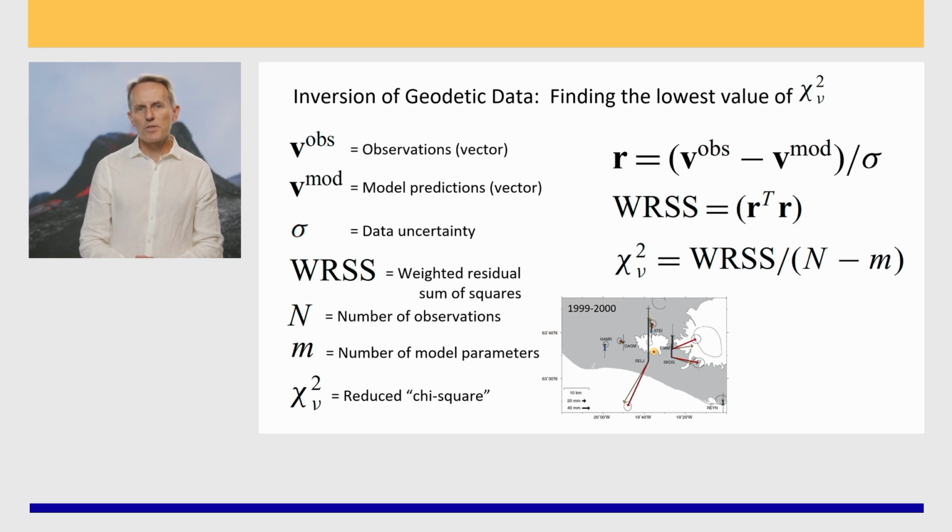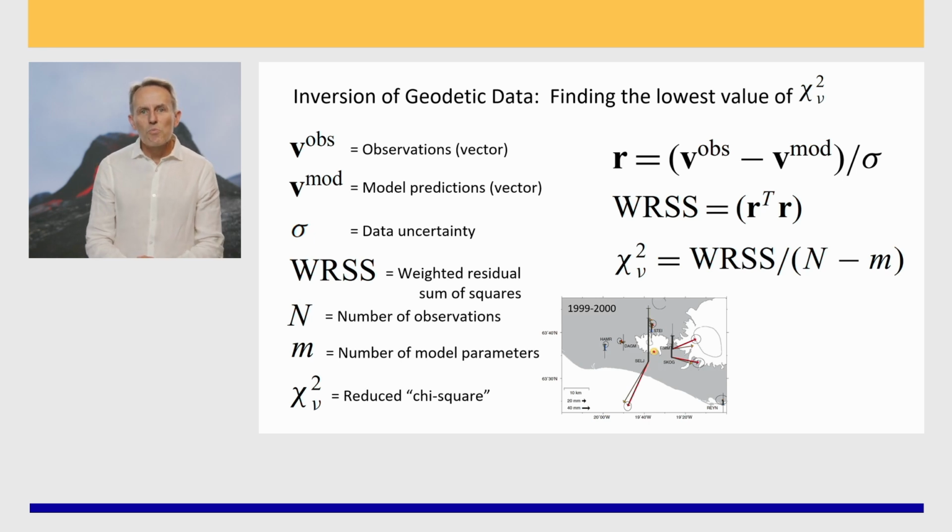But the observations may be of different quality, so we need a scale, that is, to divide each of the residuals with the estimated uncertainty of the observations. That is the vector R as shown in the figure, which is basically a string of numbers showing the difference between model and observations at each observational point, scaled by the uncertainty.